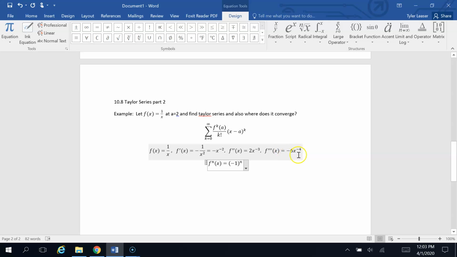If I were to take the derivative one more time, I'd be multiplying that 6 by a 4. This is a factorial sequence here. So 0 factorial on the 0 derivative, 1 factorial on the first derivative, 2 factorial on the second, 3 factorial, and so on. So we are going to have an n factorial in my nth derivative here. We have to be a little bit careful about what the exponent would be.